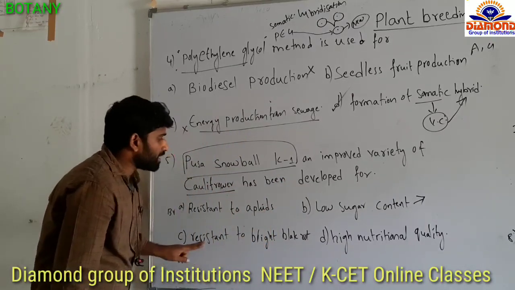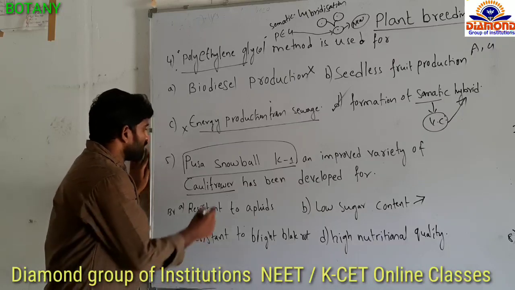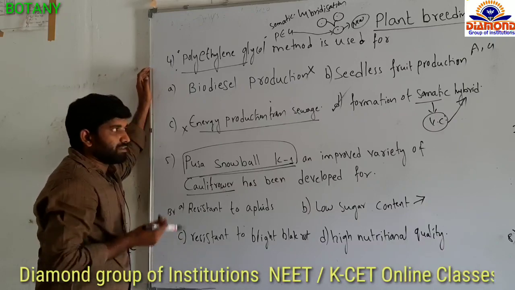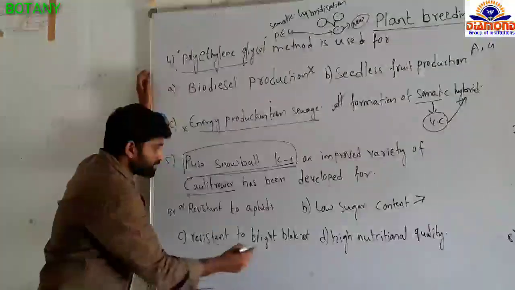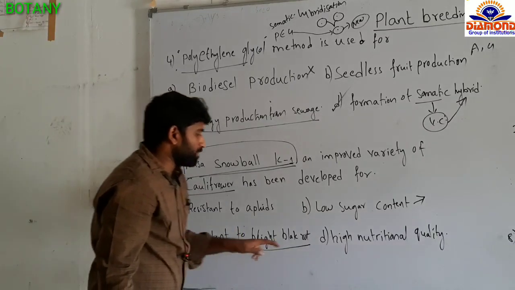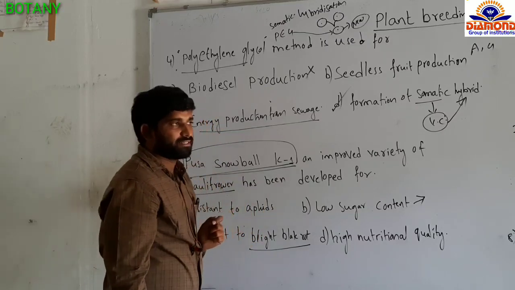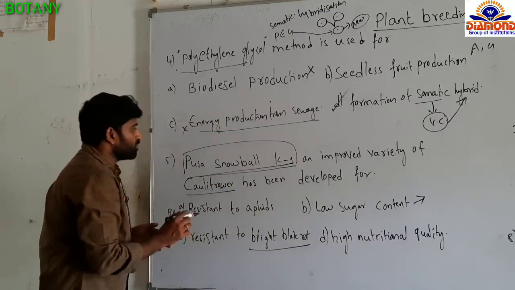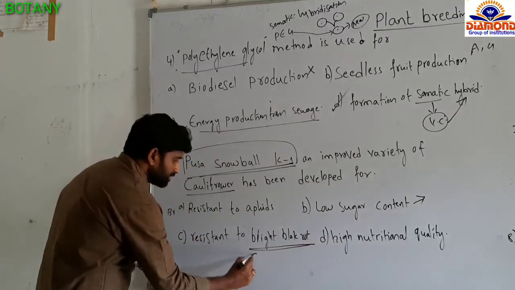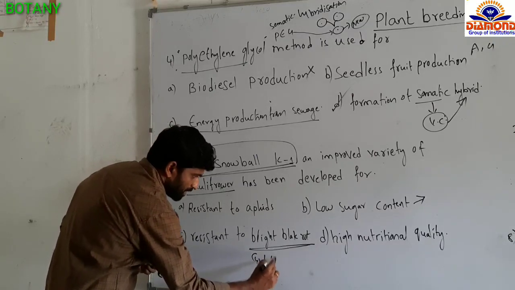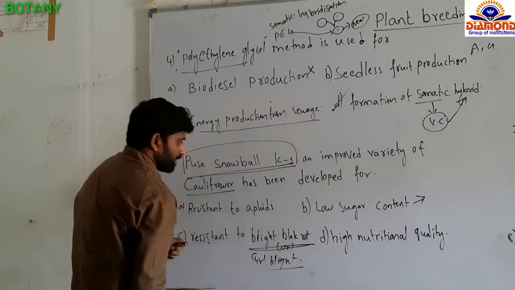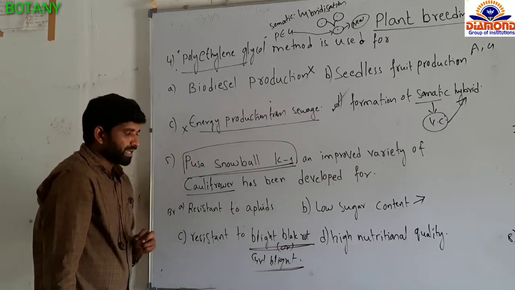And resistance to blight, black spot: Pusa Snowball is a cauliflower variety, a disease-resistant variety, resistant to blight black spot disease and curl blight disease. So the answer is that Pusa Snowball K1 is resistant to blight black spot and curl blight disease.